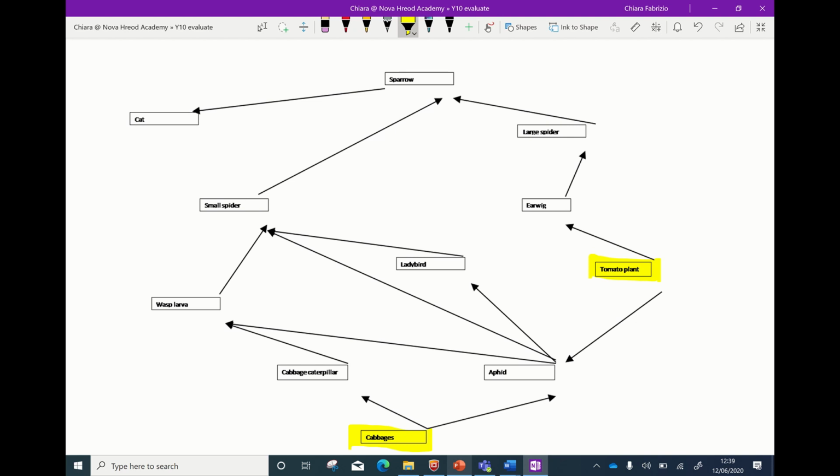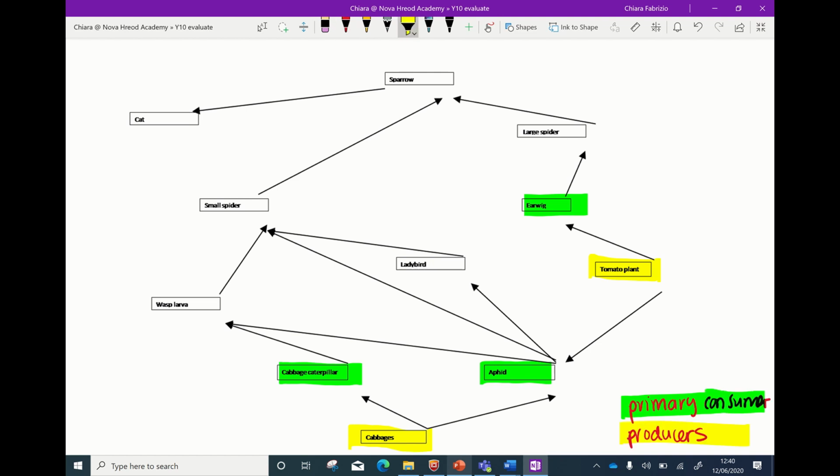So these are the two plants that I've got here, which are my producers. And the primary consumers, I can see that are herbivores, are cabbage caterpillars, aphids, and earwigs. So these are the organisms that are feeding off plants and are therefore herbivores, and are therefore the primary consumers.